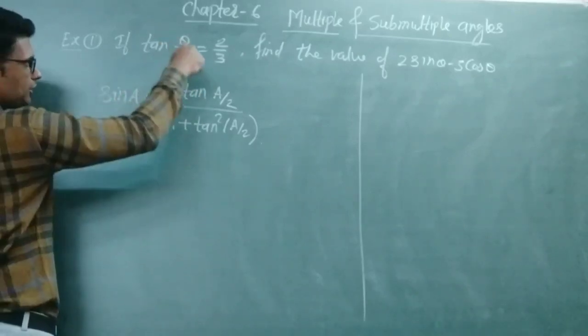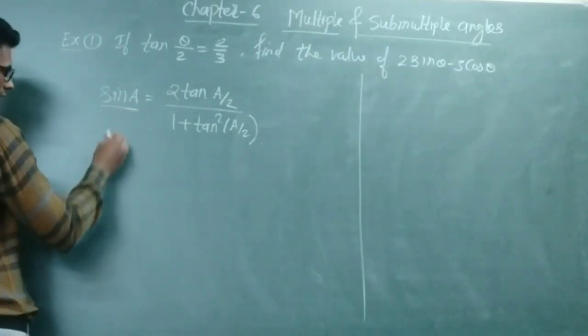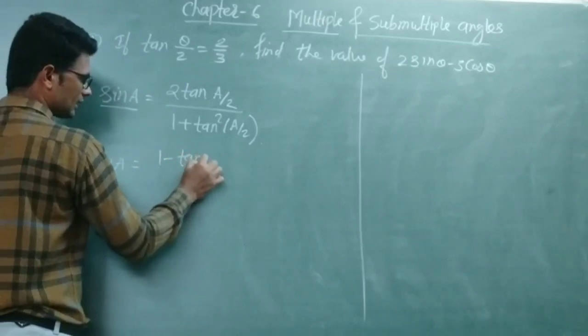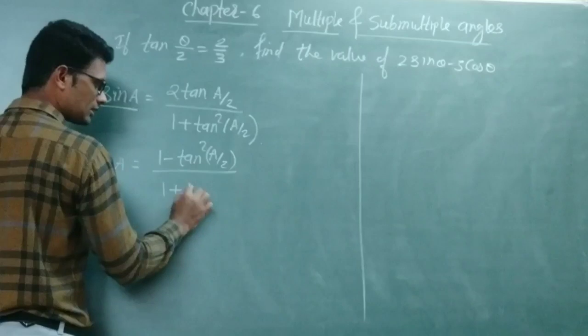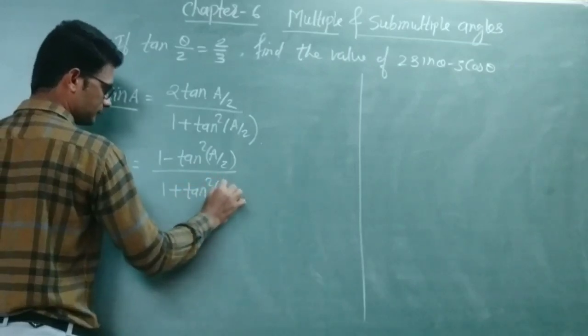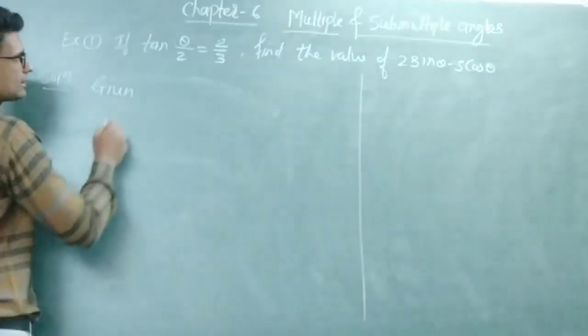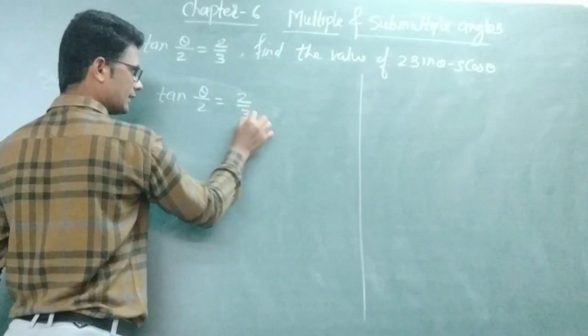Whenever you have tan A by 2, then you can find sin A. And cos A is nothing but 1 minus tan square A by 2 divided by 1 plus tan square A by 2. So here given is tan theta by 2 is equal to 2 by 3.